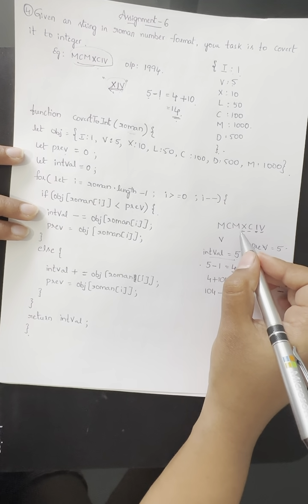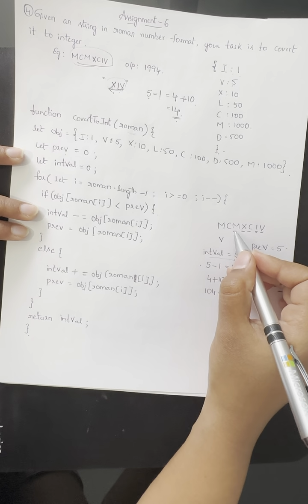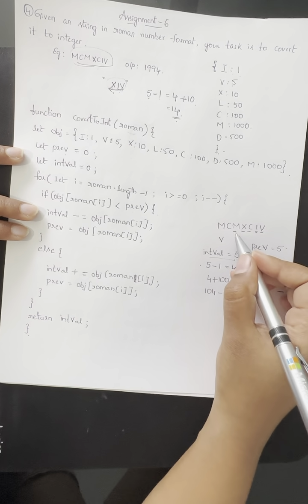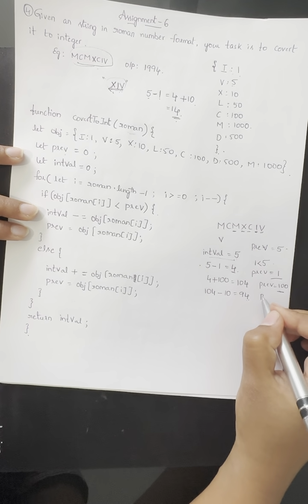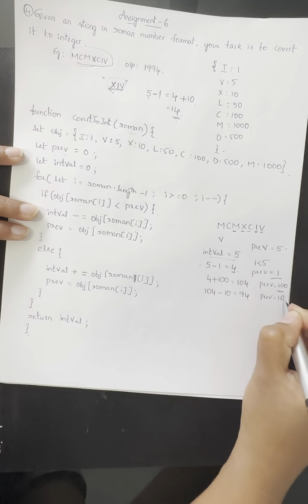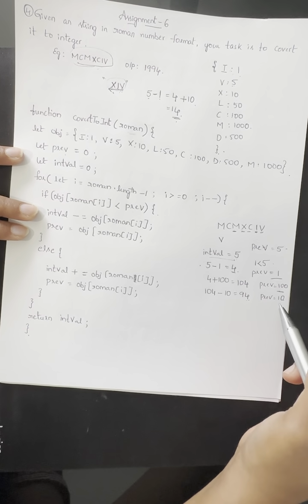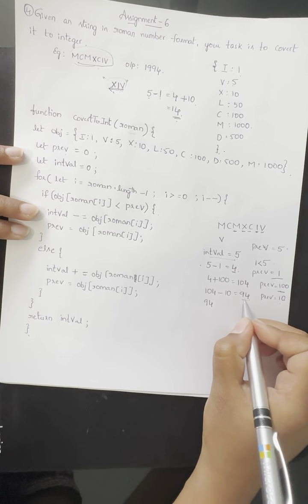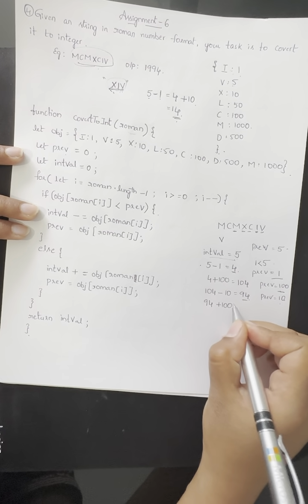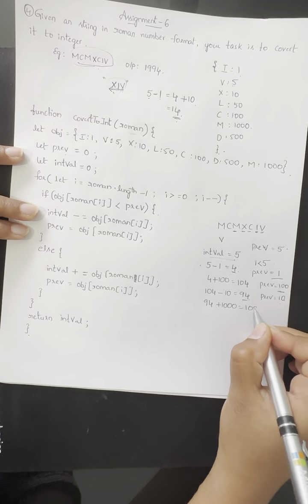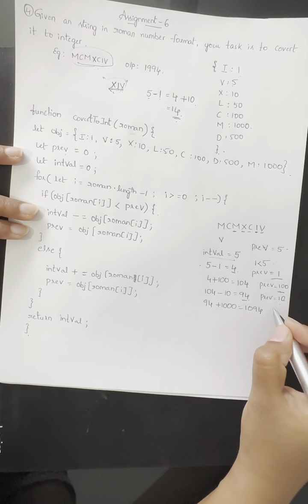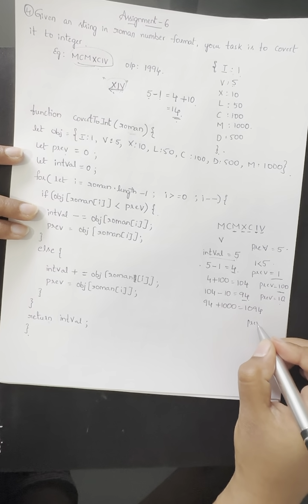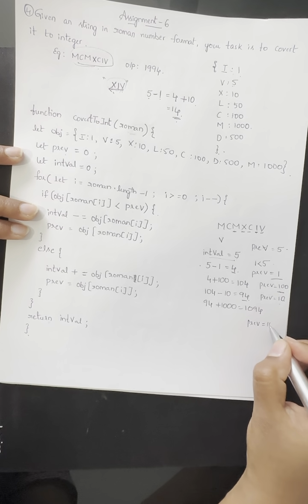Now i is decremented. It is M, 1000. Here the previous is 10, and 1000 is greater than 10, so we add it to the intValue, which is 94. Adding 1000 becomes 1094, and we update the previous to 1000.